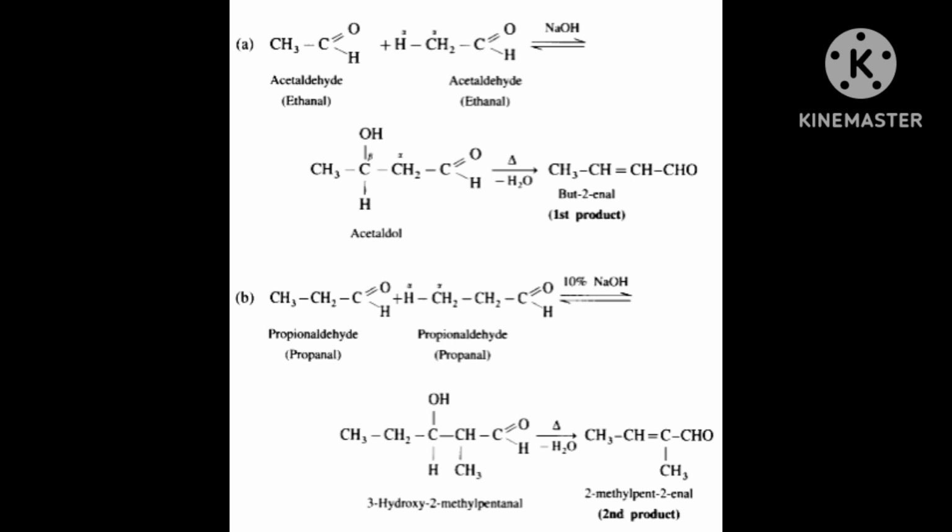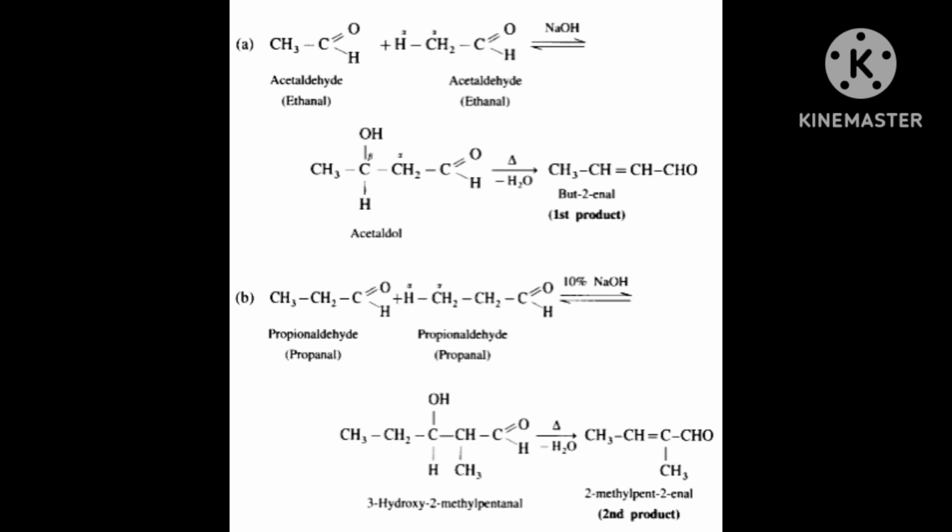And the first product you got, that is but-2-enal, you got from 2 molecules of acetaldehyde, okay? Then these 2 products you got, now 2 more products you will get in the same reaction. The products I discussed are the simple or self-aldol products.